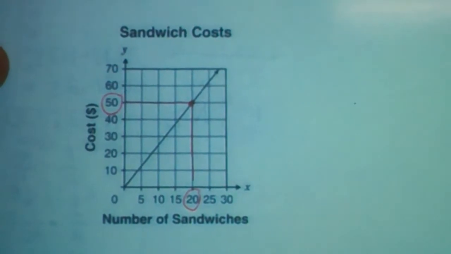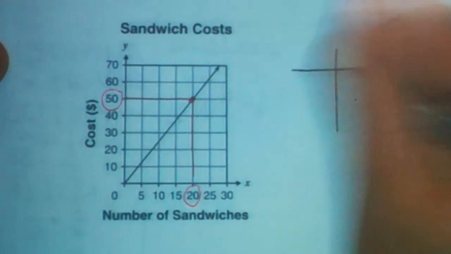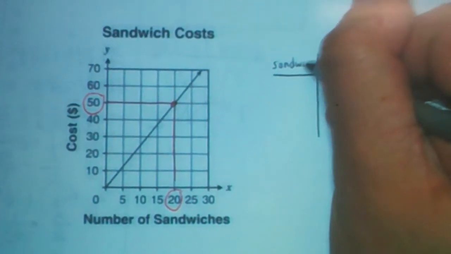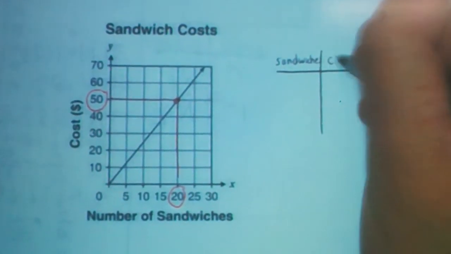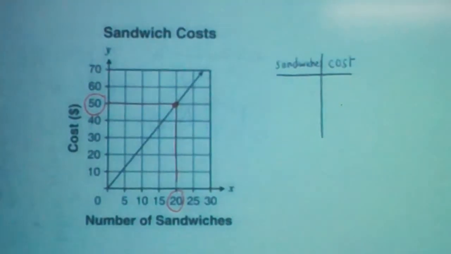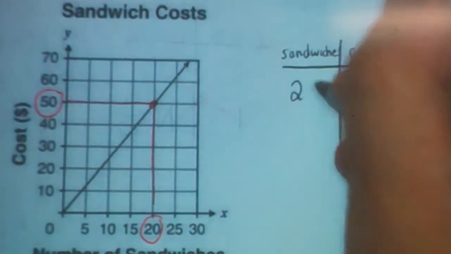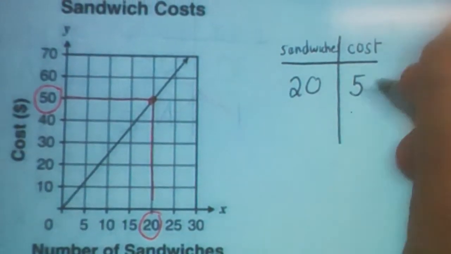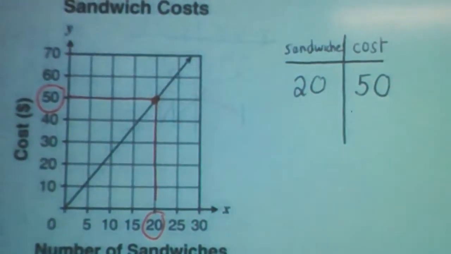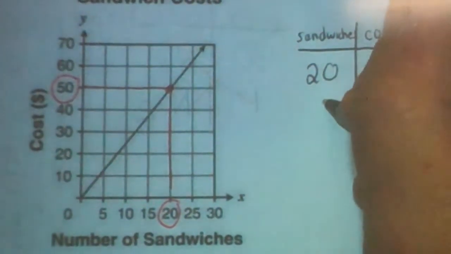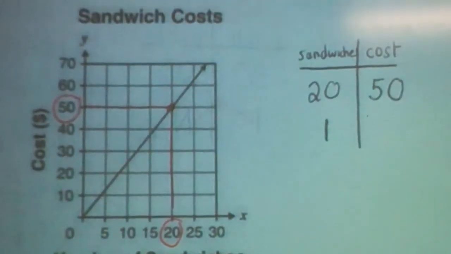So, if I put sandwiches, sorry that this is written so small, and cost, and if I'm writing this down, you're writing down the same thing. If 20 sandwiches cost $50, we want to find how much one sandwich would cost.